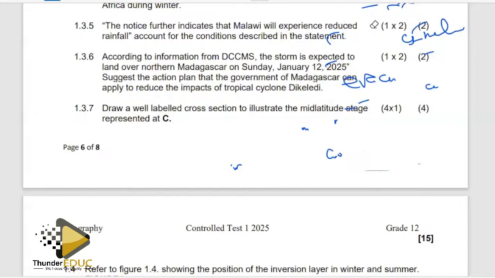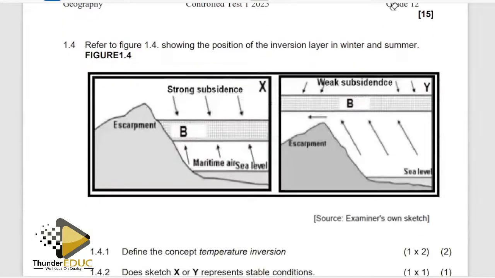We have the differences in the level of our inversion layer during winter conditions and during summer conditions, because of the changes in the intensity of the Kalahari high pressure cell. So I will explain briefly on this illustration.